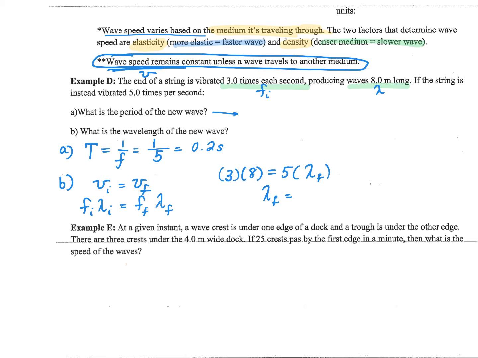What'd you get? 4.8. Yeah. Easy enough, right? All right, so let's look at another one.